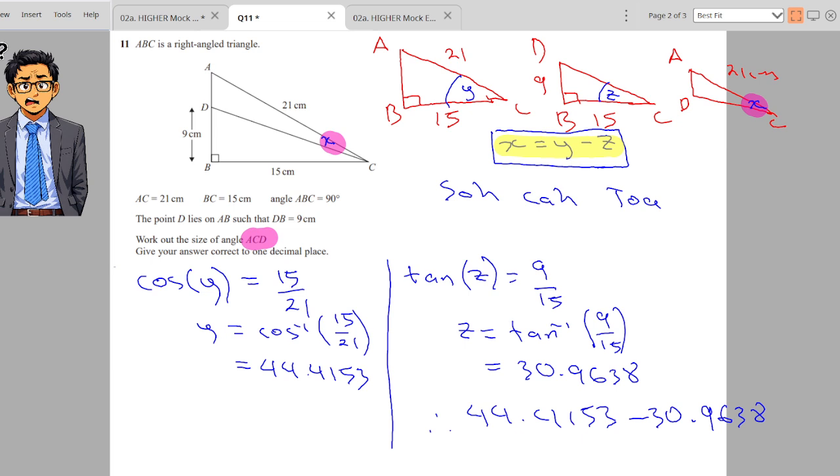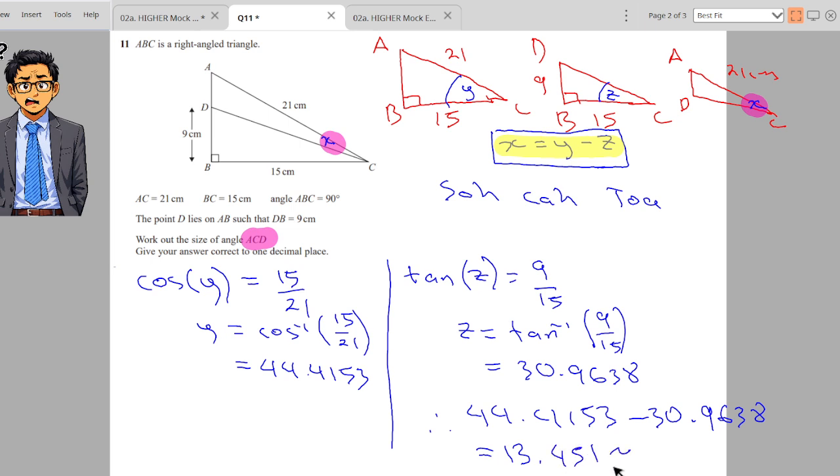Let's type that in our calculator. 44.4153 minus 30.9638, and that would give me 13.451, and so on.